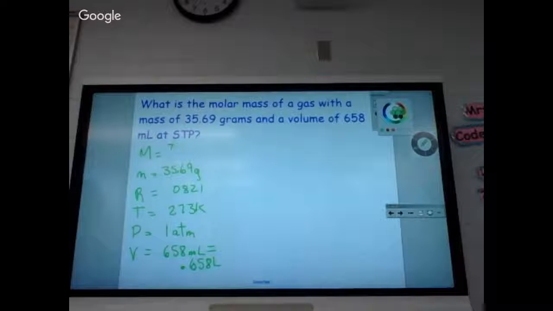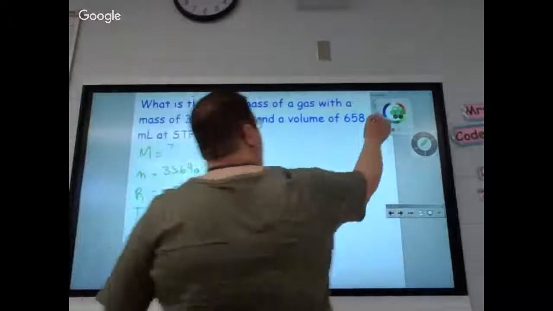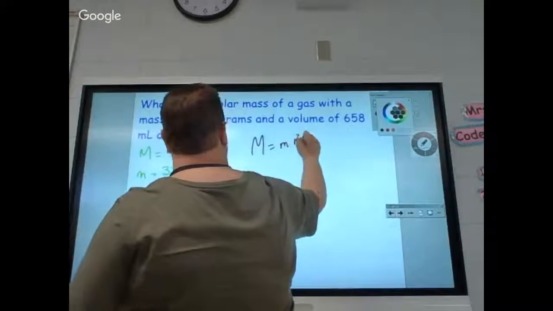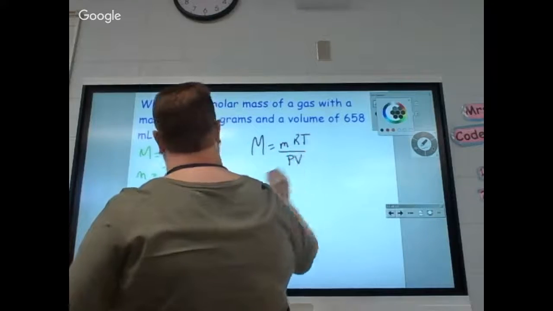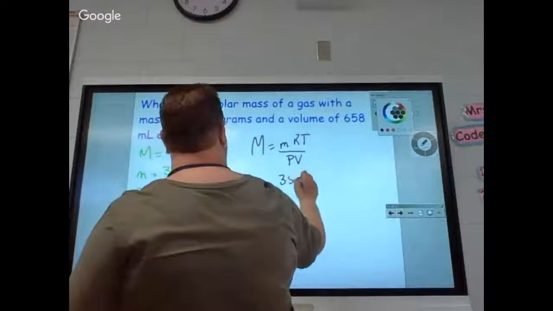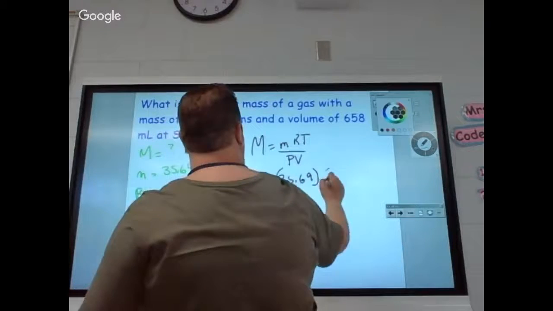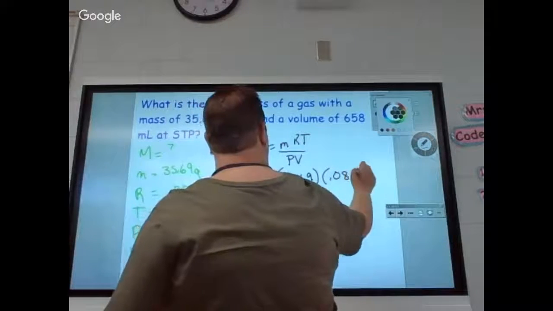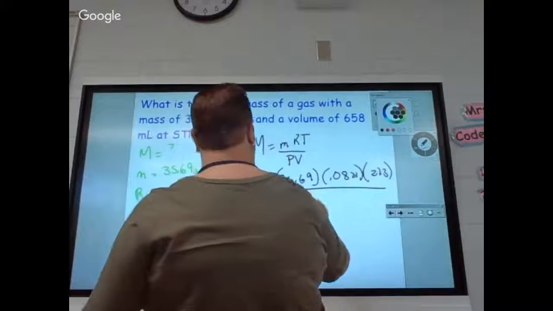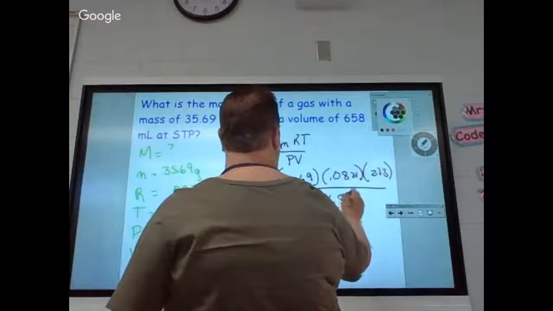So at this point, it's literally a plug and chug. The formula, big M equals little m RT over PV. So we have 35.69, 0.0821, temperature is 273, 1, and 0.658.